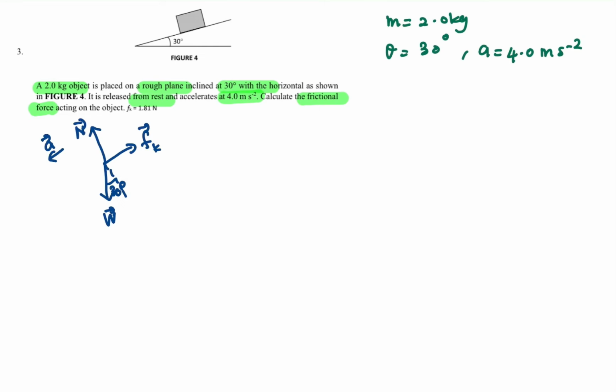Okay, so because we want the frictional force is in x component, and then we can resolve for w, where it actually has wx there. Okay, so your wx will be mg sine theta.